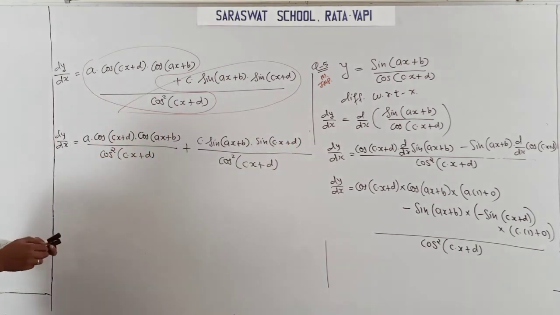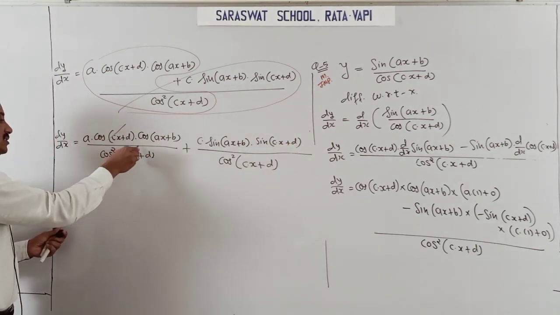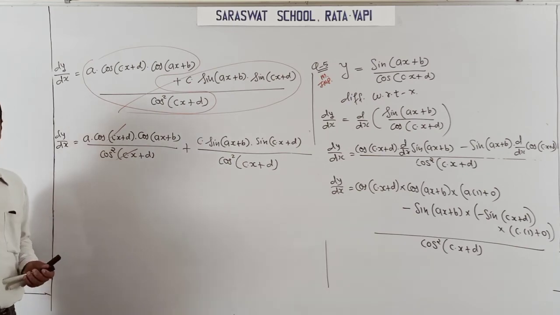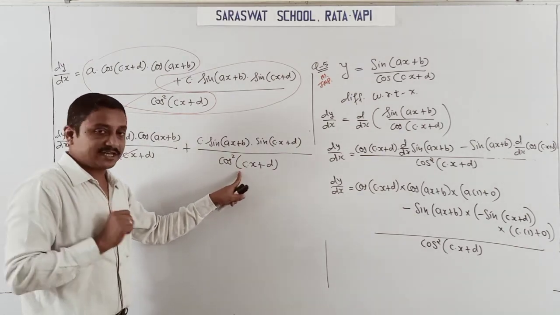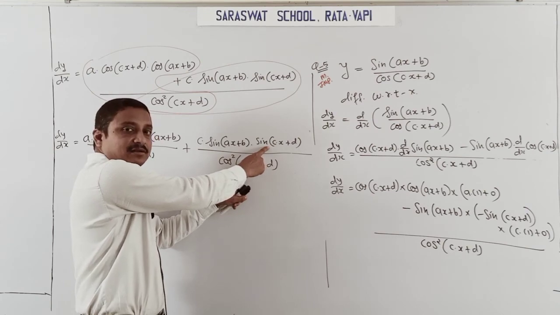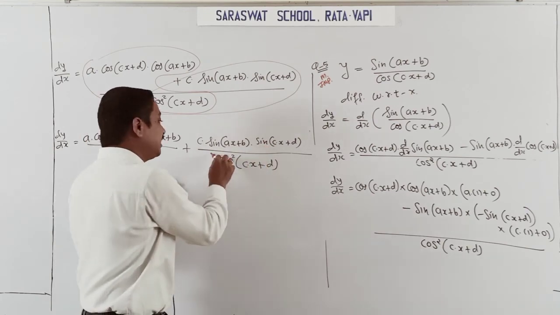Yes, students, here one cos(cx plus d) cancels, but one is pending. And here cos square(cx plus d), one is utilized and one is separate right now.